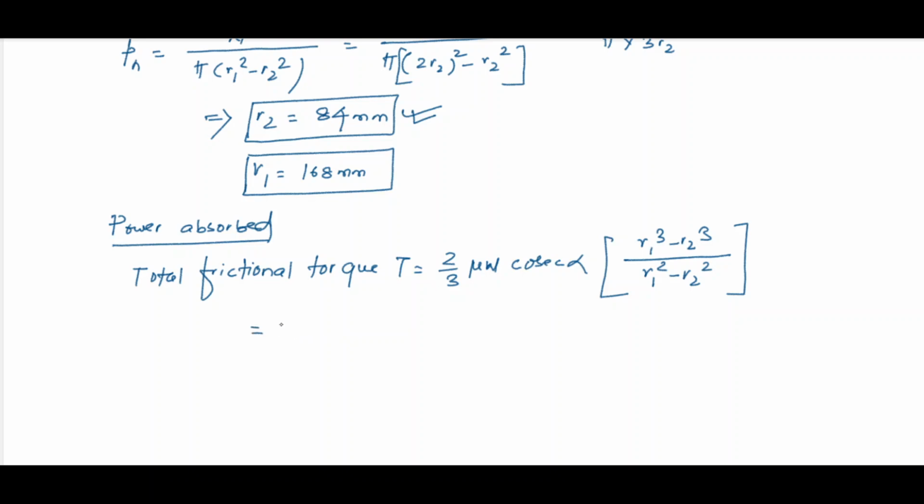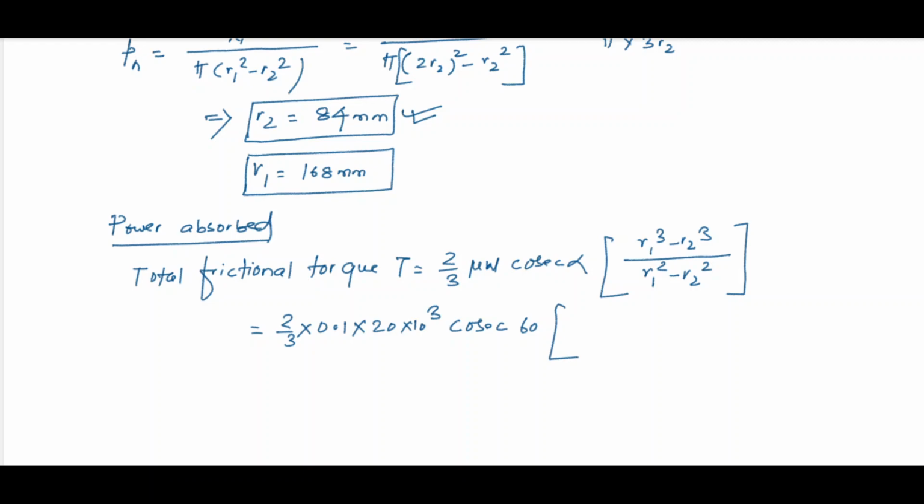So it will be equal to 2 by 3 into 0.1 into 20 into 10 to the power 3, cosec 60.